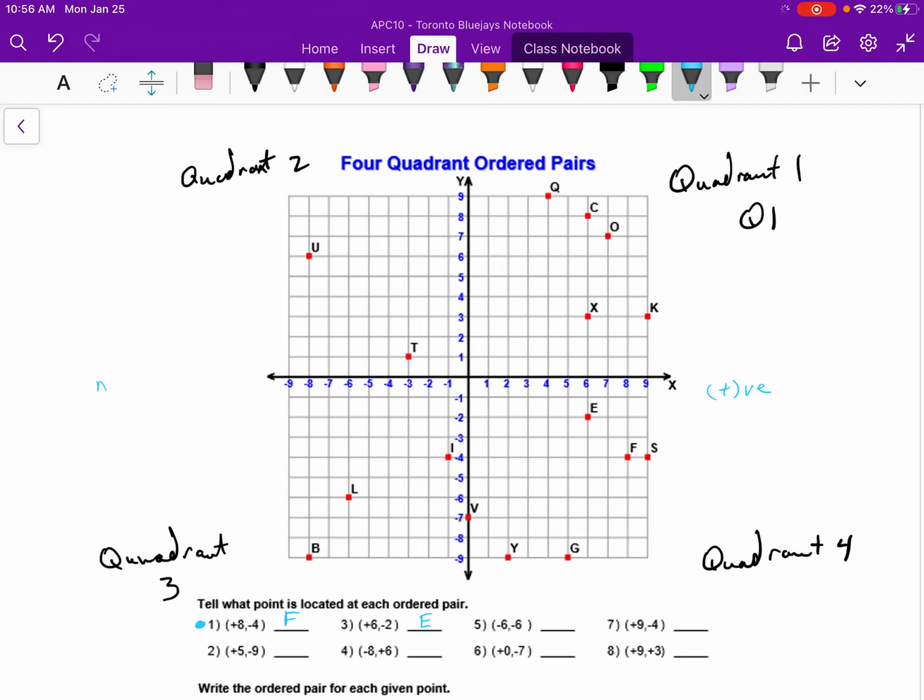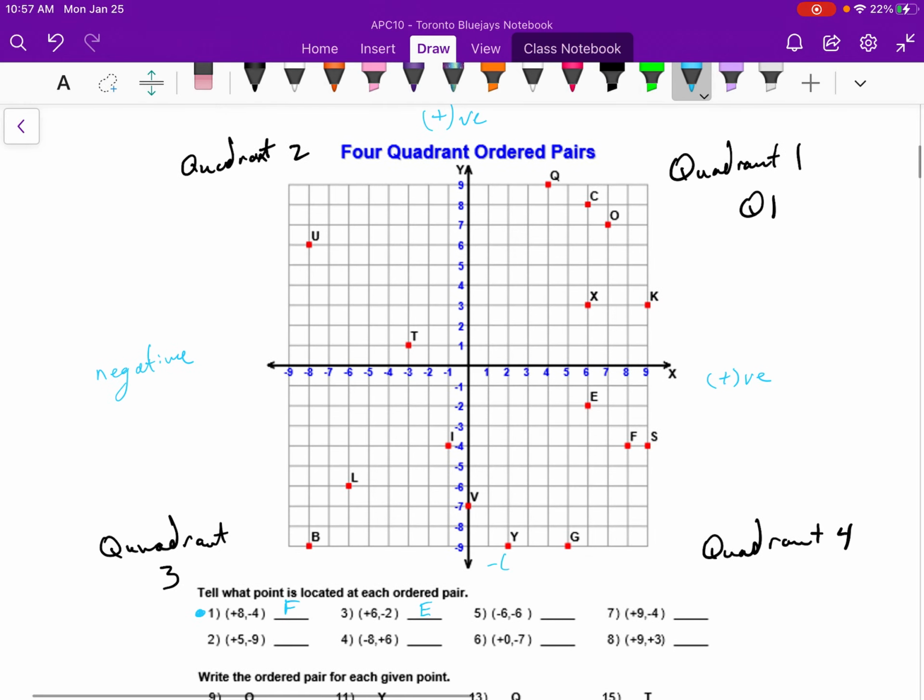They are negative as you move left. And in the y direction, as you move up, they're going to be positive. And as you move down, they will be negative.